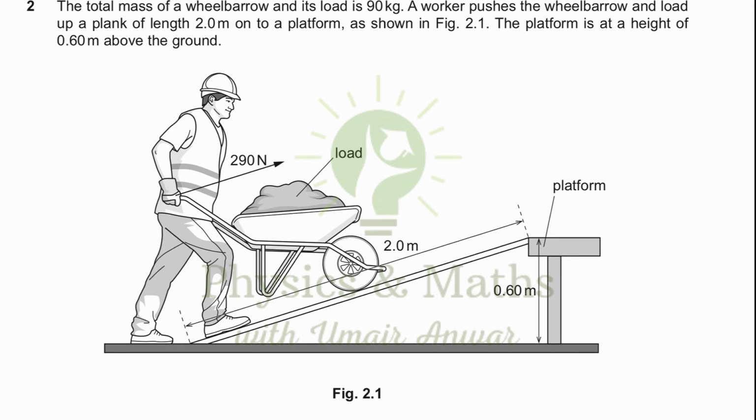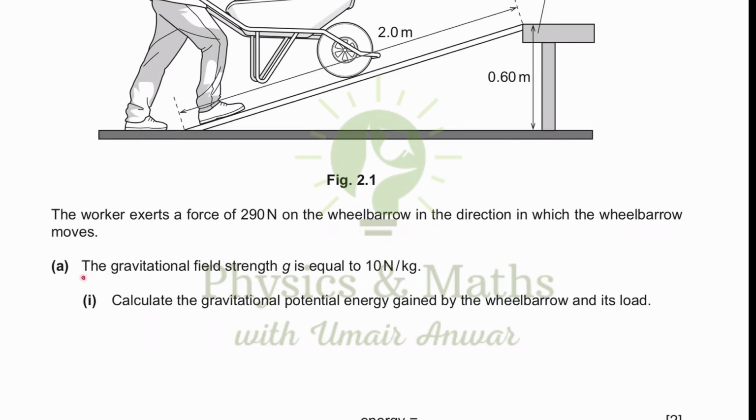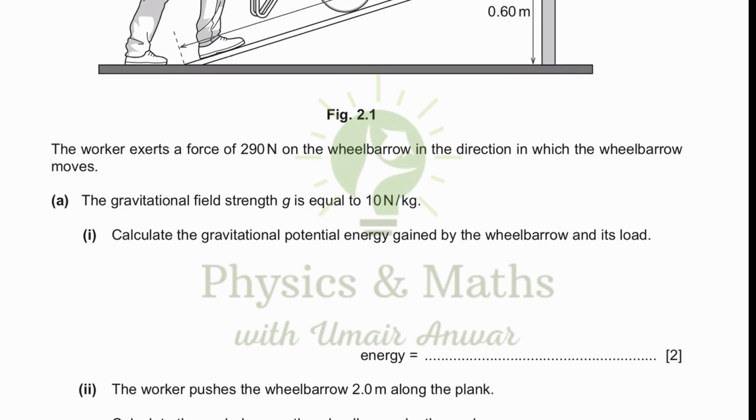So this is the height of the plank, which is 0.60 meters above the ground. The worker exerts a force of 290 Newton on the wheelbarrow in the direction in which the wheelbarrow moves. The gravitational field strength G is equal to 10 newtons per kilogram. Calculate the gravitational potential energy gained by the wheelbarrow and its load.